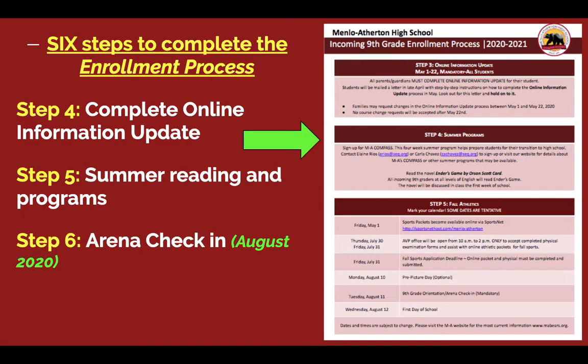Arena check-in will occur in August of 2020, along with other back-to-school events like accepting sports packets, pre-picture day, and ninth grade orientation.